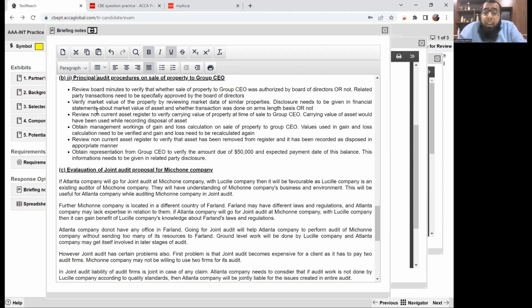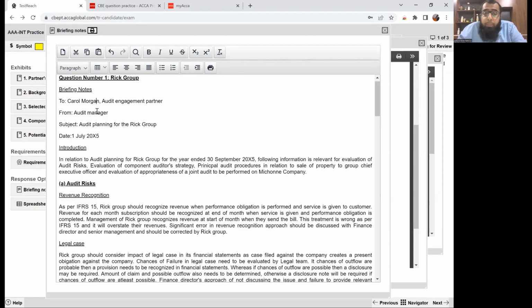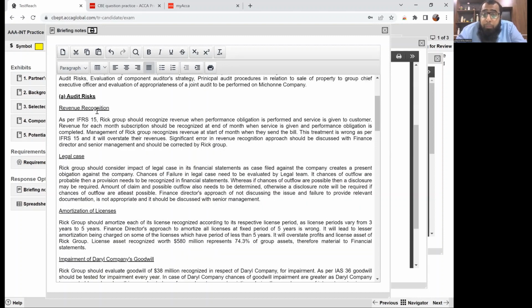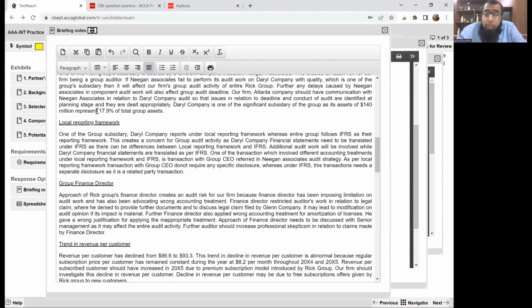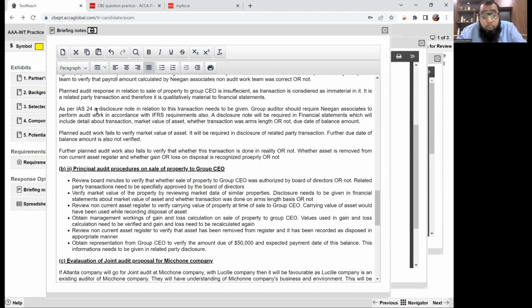So if you look at the entire answer, first we started with the format of the briefing note. Then we moved towards the introduction. Then audit risks were written and we sorted them out also. I hope you all remember. Then we moved towards the evaluation of the audit strategy of Negan Associates. Then we wrote principal audit procedures.